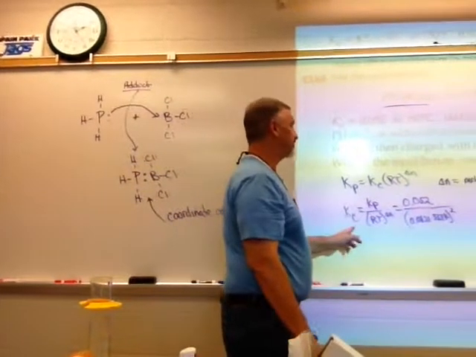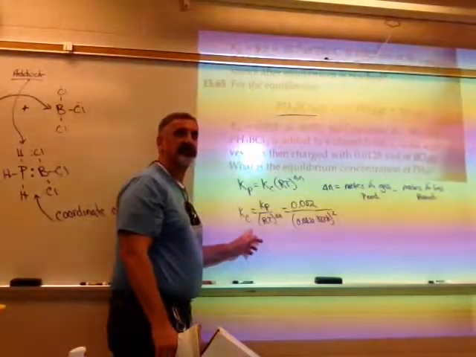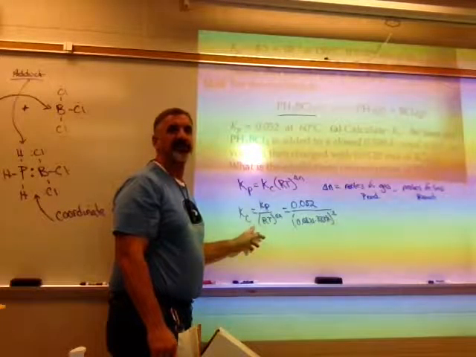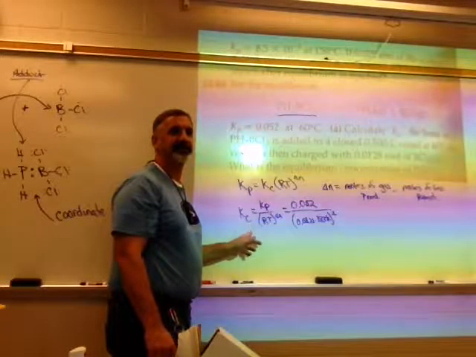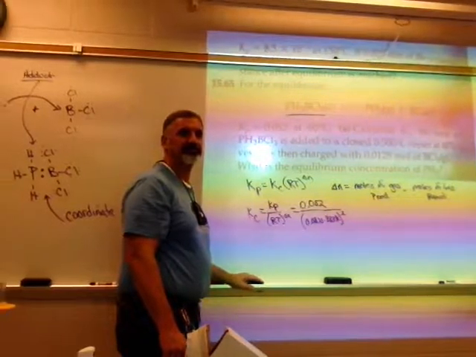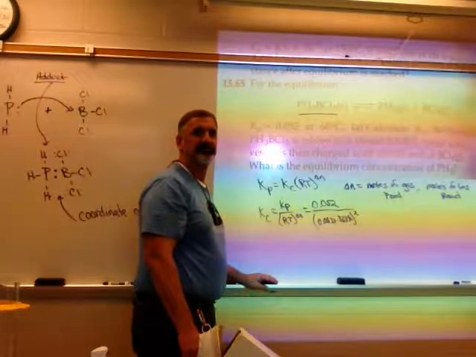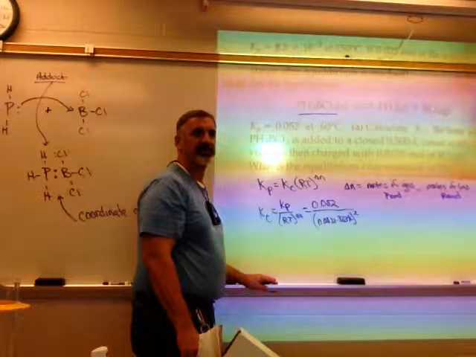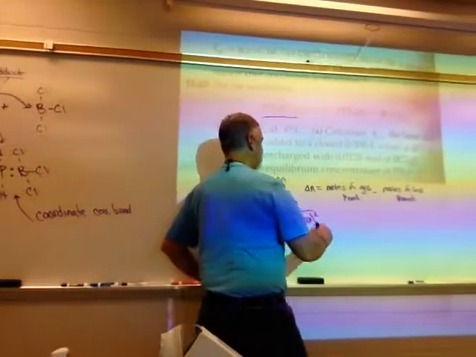So, somebody plug this into a calculator for me. Actually, let's say 2 or 3 people. Plug this into a calculator for me. Let's see how many answers we can get. 6.96.